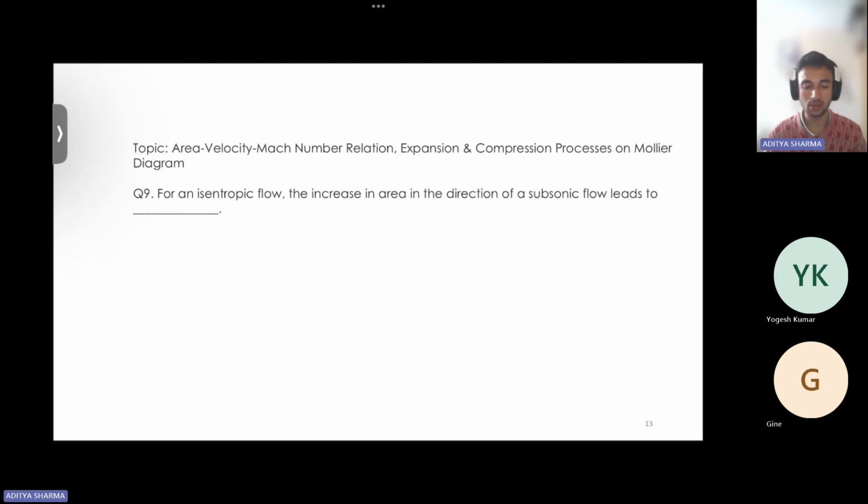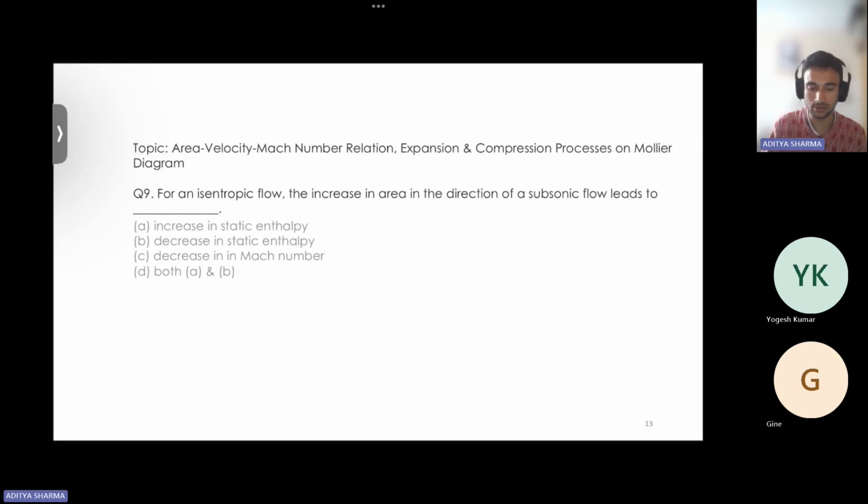So for an isentropic flow, the increase in area in the direction of a subsonic flow leads to, yes. Let me just check if I have options for this. Yes, I have options for this. Please answer this question.